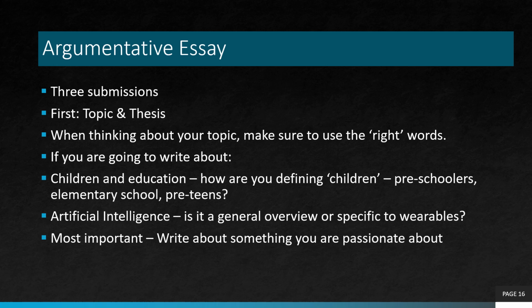If you make it specific to wearables, that's narrowing it down. And how about narrowing it down even more to watches, right? Because you have AI in clothing and such, but I want to focus on watches, right? The most important thing is you want to write about something you're passionate about, because when you write about something you're passionate about, it becomes a much easier process.